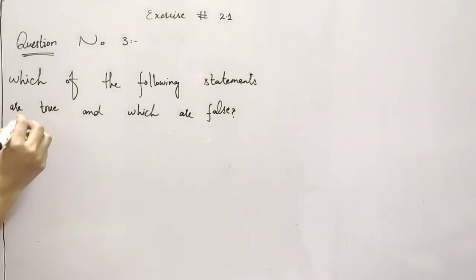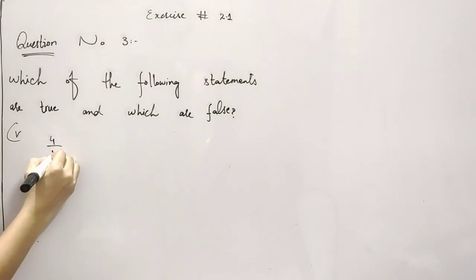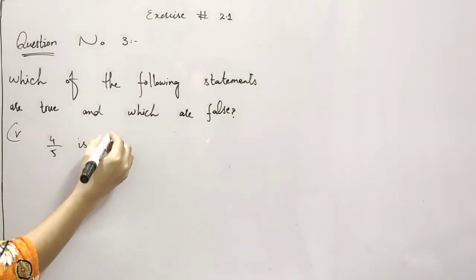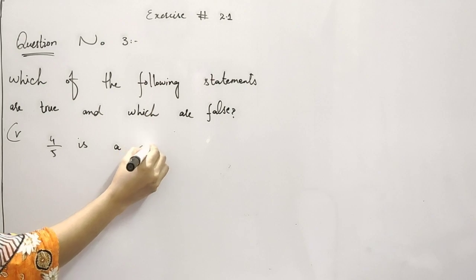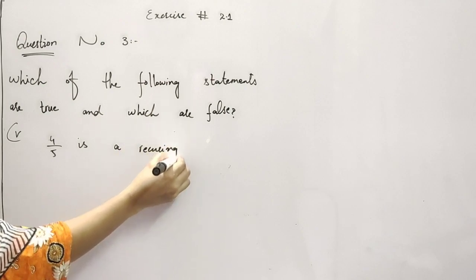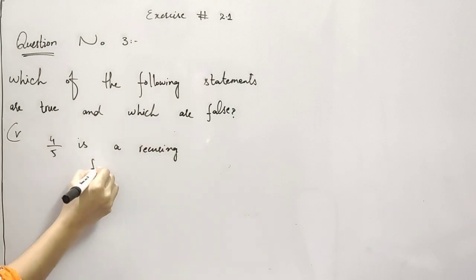And the fifth part is 4 by 5 is a recurring fraction.